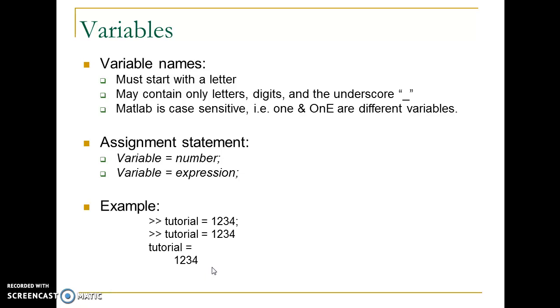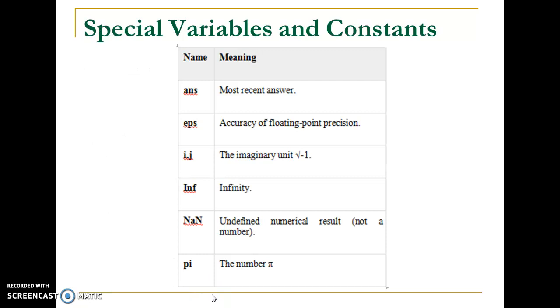So here are some special variables and constants. ans, the most recent answer. eps, accuracy of floating point precision. i, j, the imaginary unit, square root of minus 1. inf, infinity. NaN, undefined numerical result.